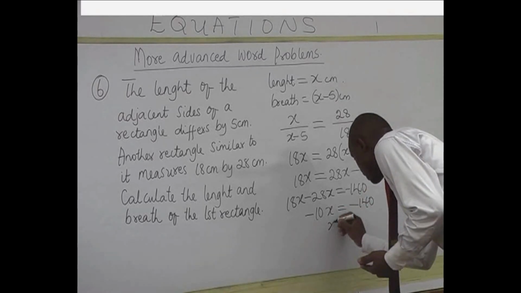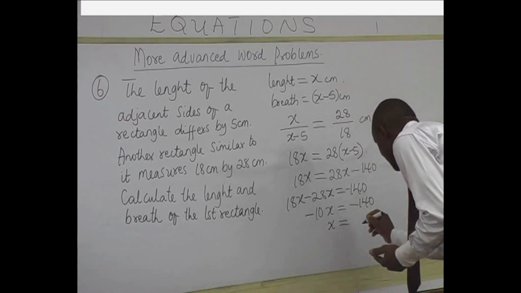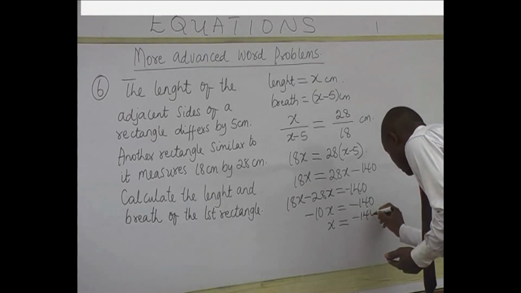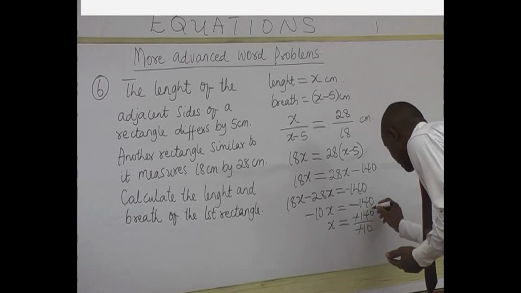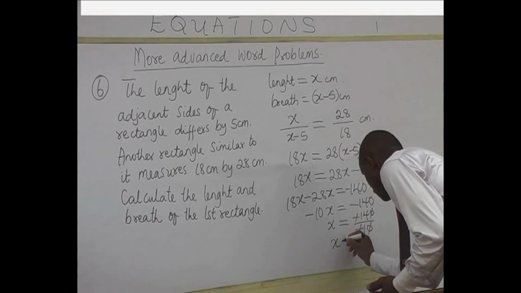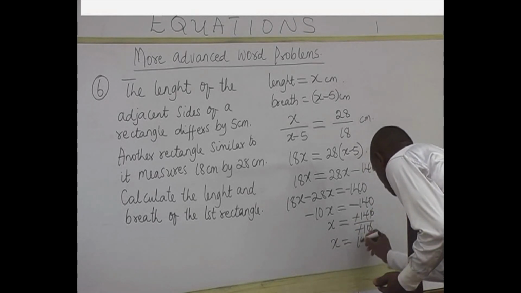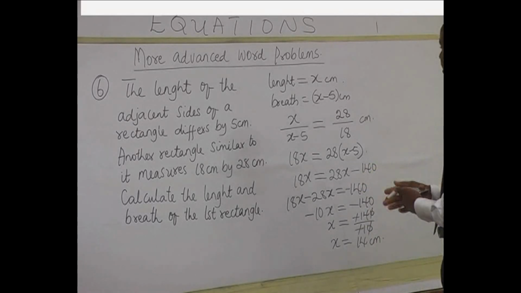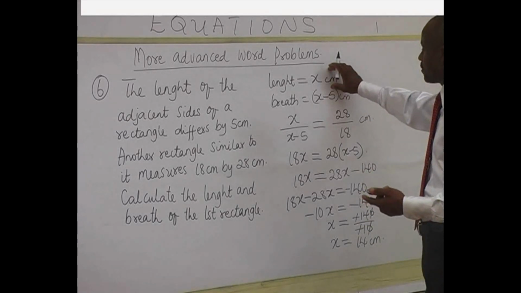You'll be left with only x on the left-hand side, and on the right-hand side you have minus 140 divided by minus 10. You can cancel this. You can cancel this. So x will be equal to 14 centimeters, which is the length of the first rectangle.